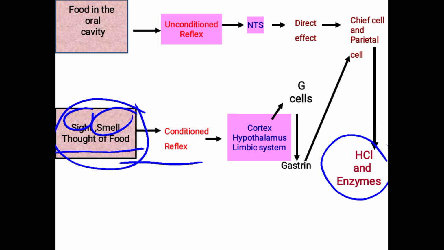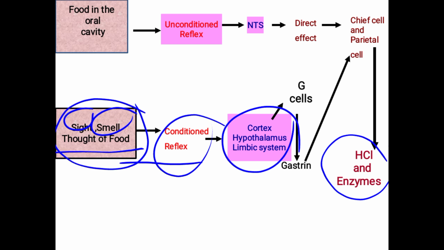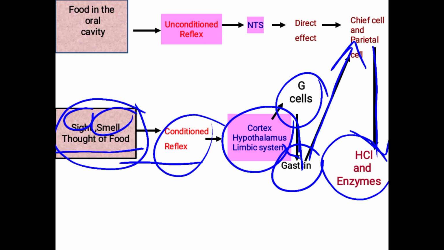Your saliva becomes watery or you feel hungry, right? That is mainly by impulses coming from the brain, and is called a conditioned reflex. The impulses stimulate the G cells to secrete the hormone gastrin. This gastrin stimulates the other cells to secrete HCl and enzymes.